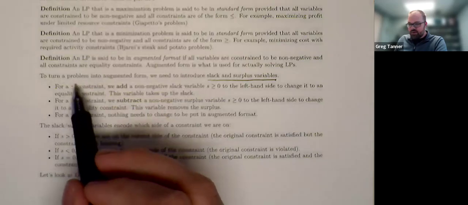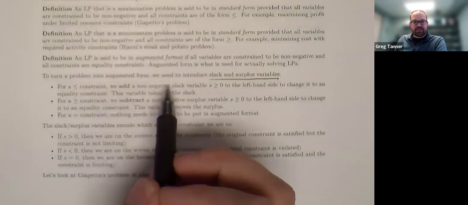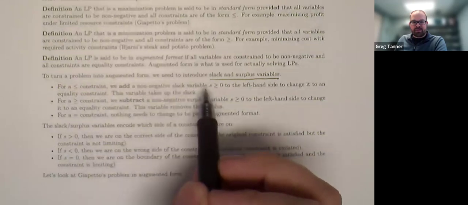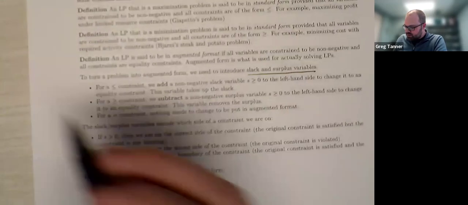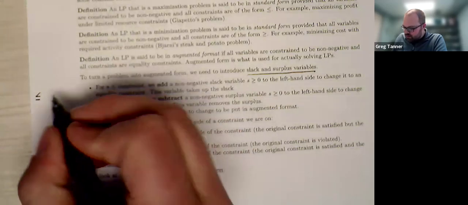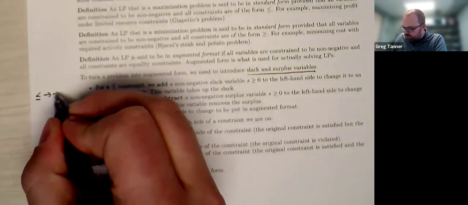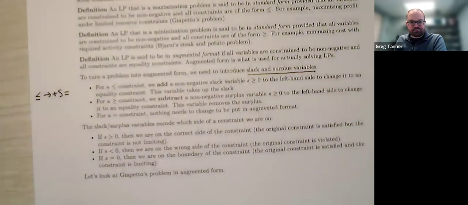For a less than or equal to constraint, we add a non-negative slack variable to the left-hand side to change it into an equality constraint. So I often think of it as, if we've got a less than or equal to constraint, we add a slack, and then that becomes an equality.